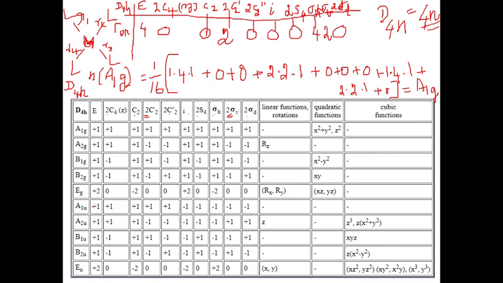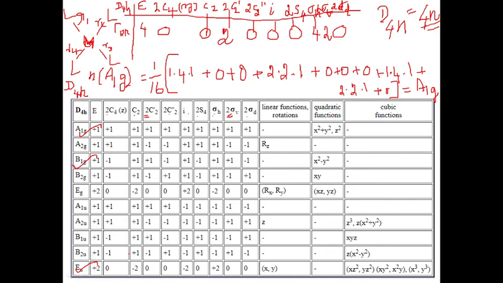Similarly, I have to reduce for the other terms also. And when you do for other terms, you will get A1g one term, and then B1g one term, and Eu one term. So you will be having these 3 terms only.